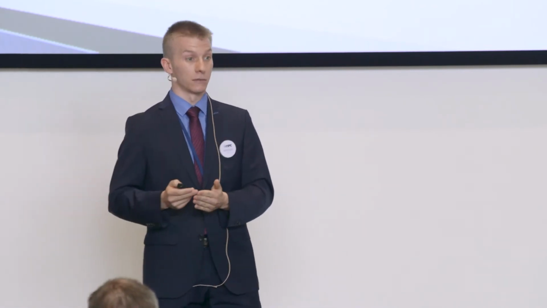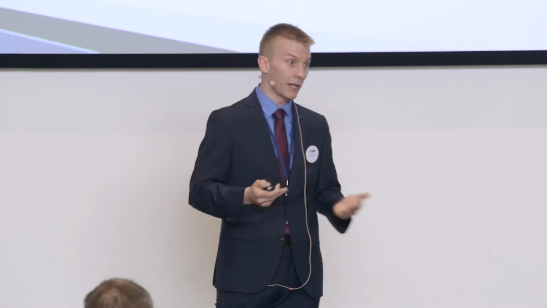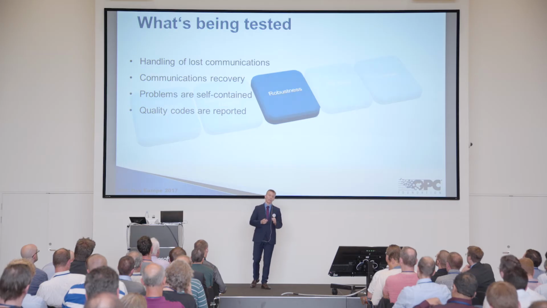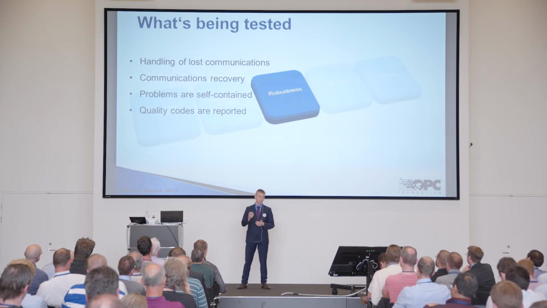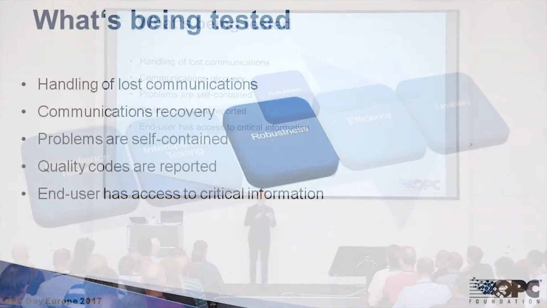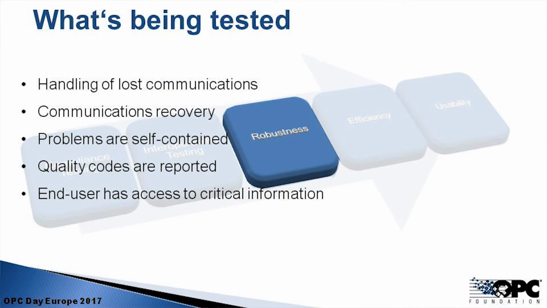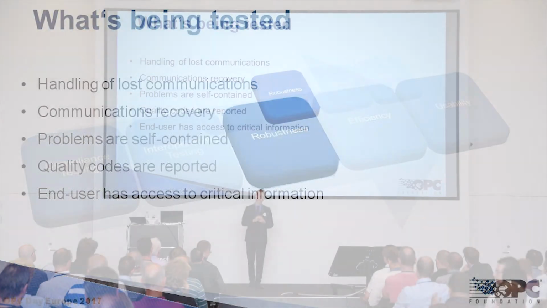If one session gets a bad behavior, it shouldn't affect any other. So the other client shouldn't have anything to do with that one. We're checking that the correct quality or status codes are reported. And we're going to check that the user gets the critical information so that the end user is able to do investigations.